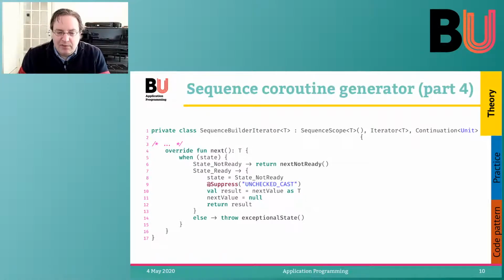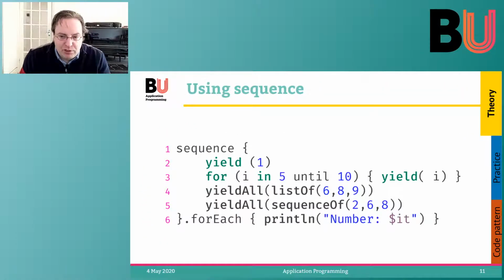Let me quickly look at how we use this, because there's one function that I forgot to copy in, and we can actually have a look at the actual code. First, how do you use this? We call a sequence function.